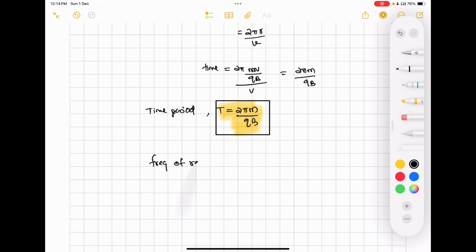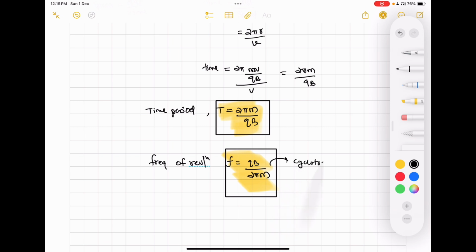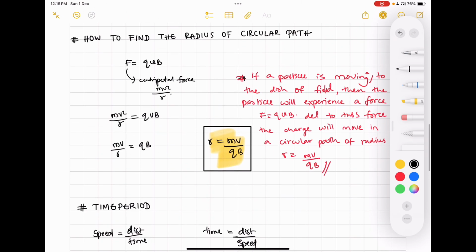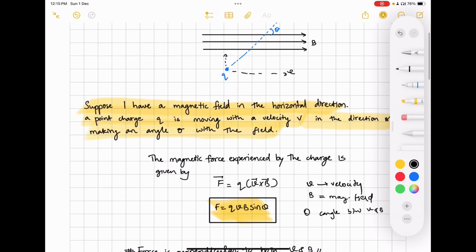Frequency of revolution is given by f is equal to qB divided by 2 pi m, and sometimes this frequency is called the cyclotron frequency.